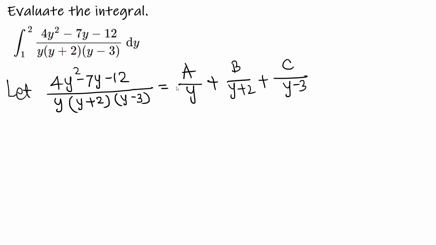Okay, we multiply throughout by the common denominator, which is y times y plus 2 and y minus 3, because these three are now separated.